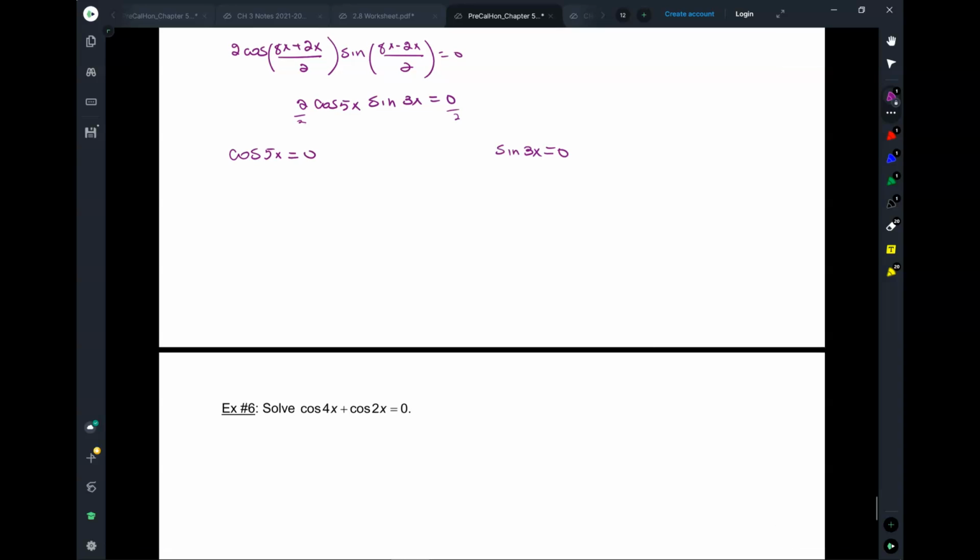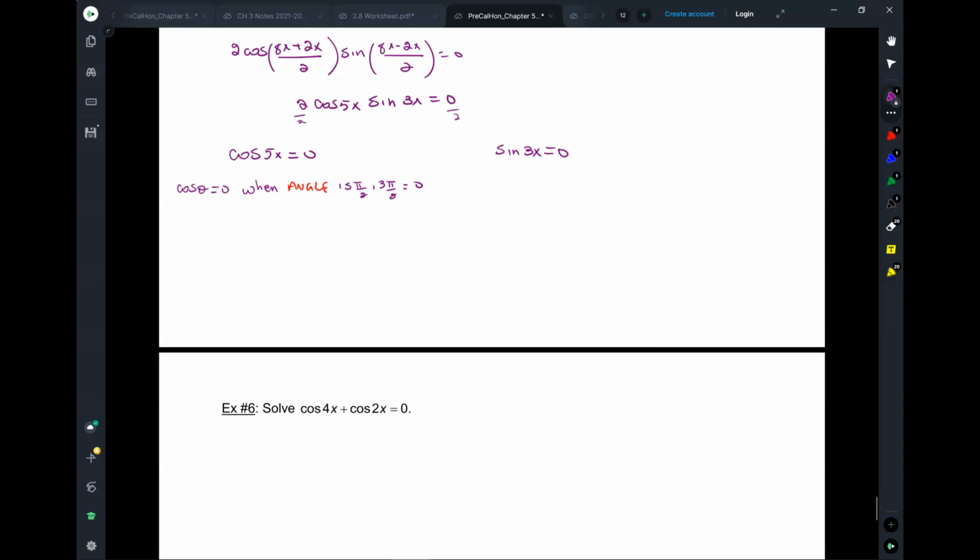This is telling us that we're looking for where cosine is equal to 0, right? When is cosine equal to 0? Cosine of theta is equal to 0 when the angle is pi over 2, 3 pi over 2, and so on.